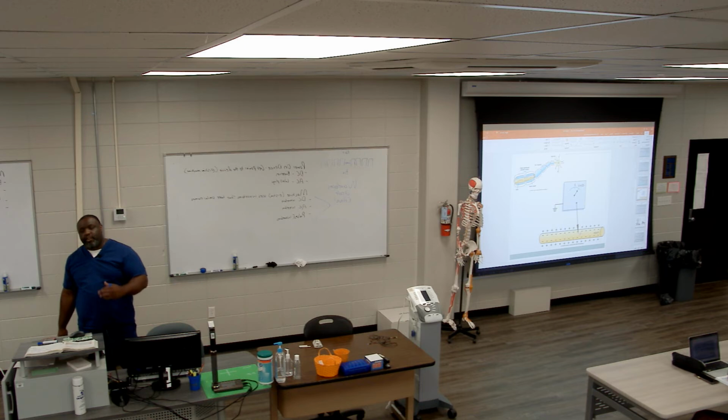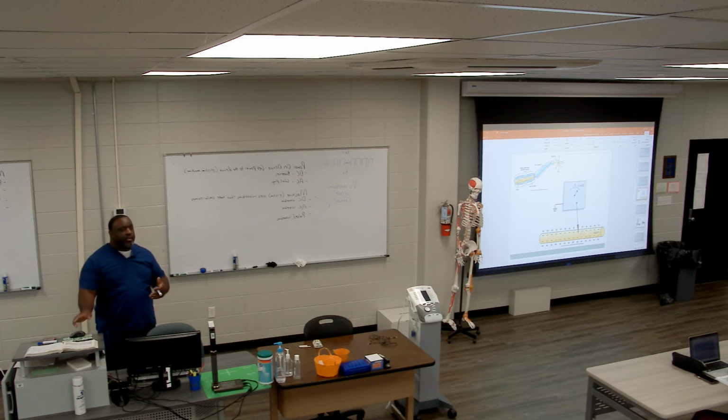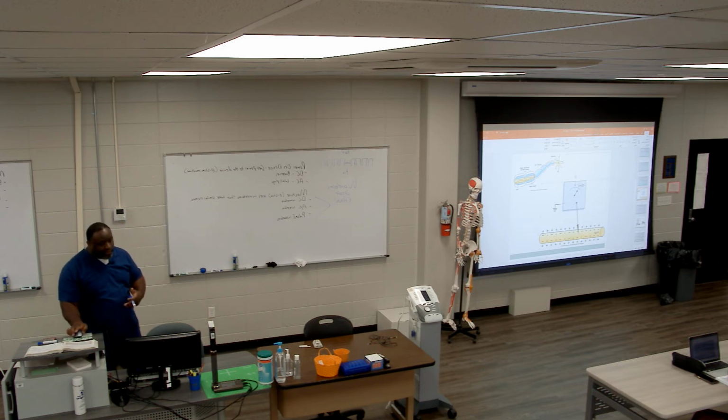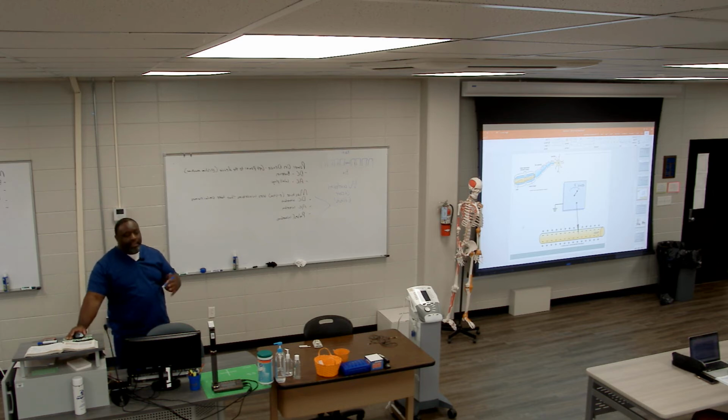Outside of a resting nerve, the polarity is going to be positive. So on a resting nerve, the inside of the nerve cell has a negative polarity, which we measure at minus 70. The outside of the nerve cell has a polarity that is positive.